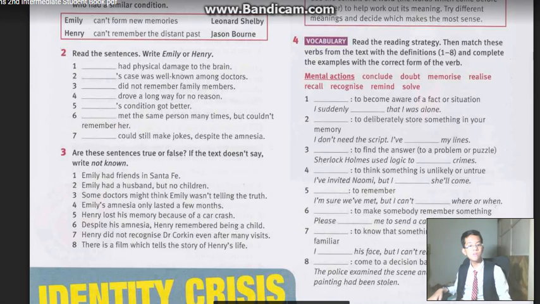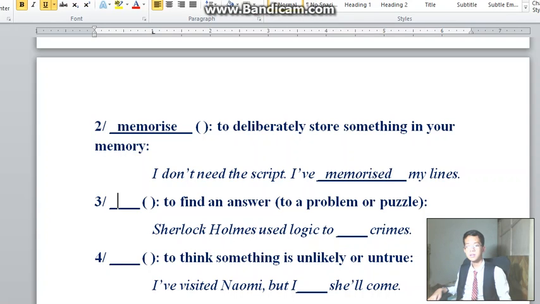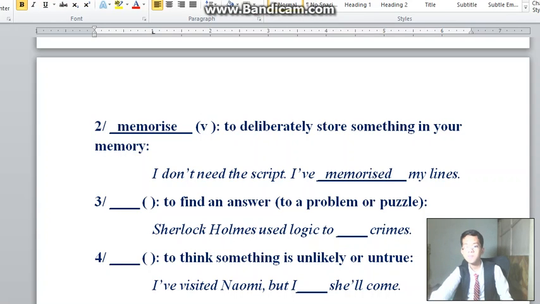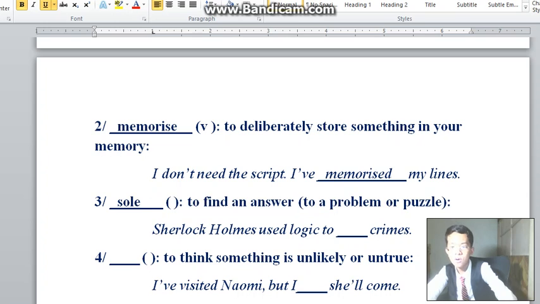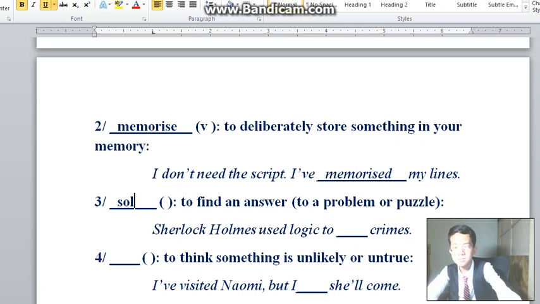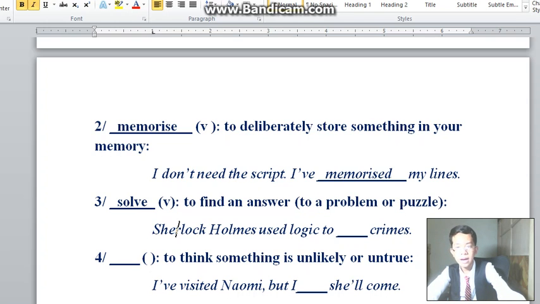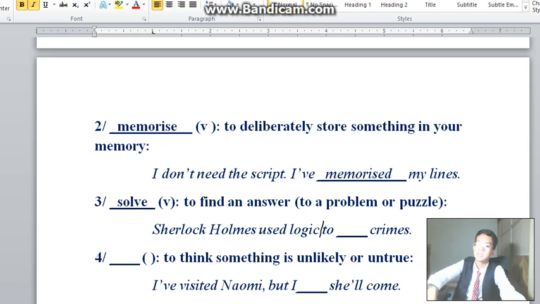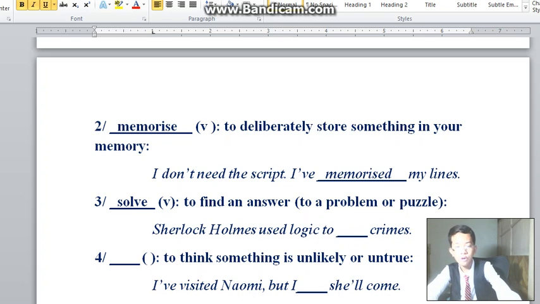Sherlock Holmes used logic to solve crimes. Right. It is a verb.